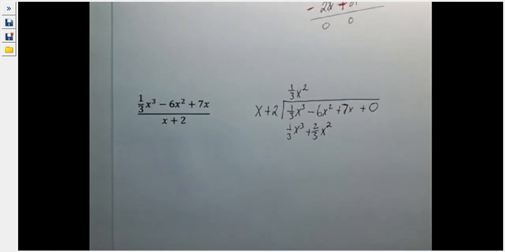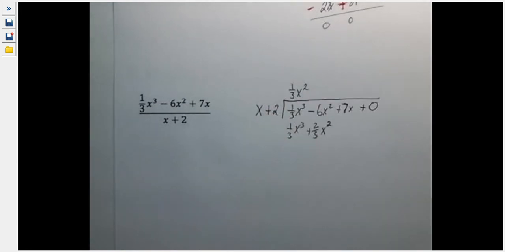Now what makes this sort of tricky is that we've got whole numbers and fractions. So you have to remember that when you add or subtract fractions, you have to make sure that you have common denominators.